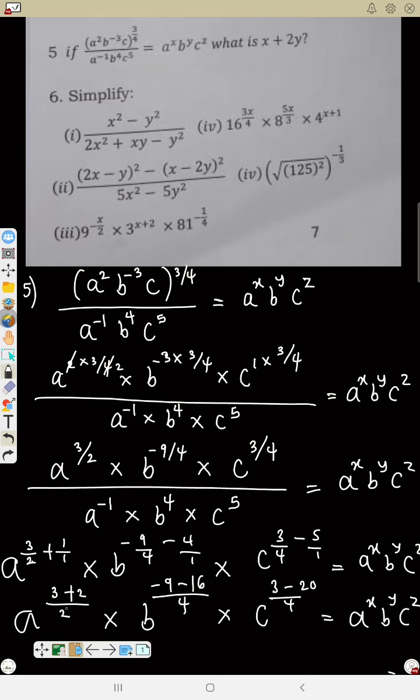Now from here, we need to add all those powers together. You can write it out step by step.